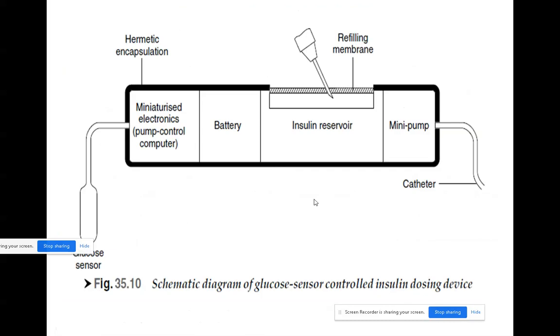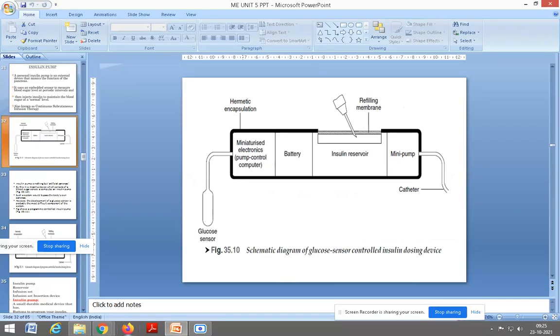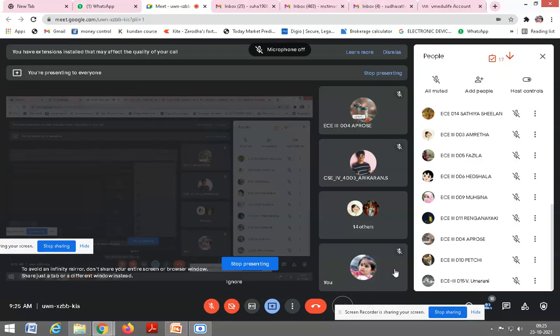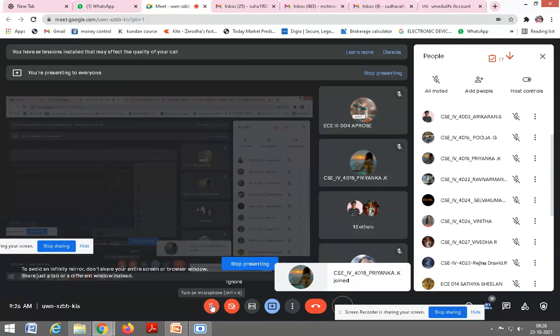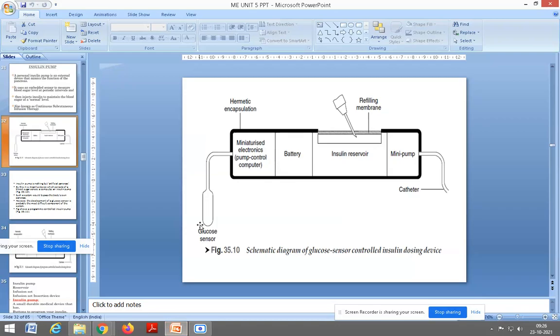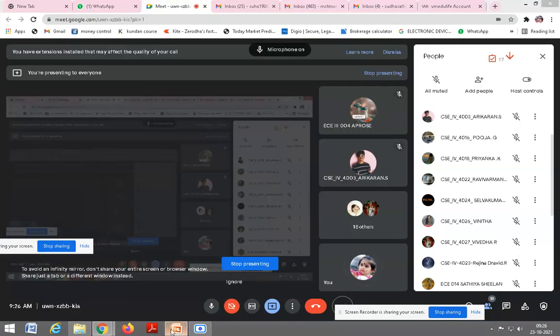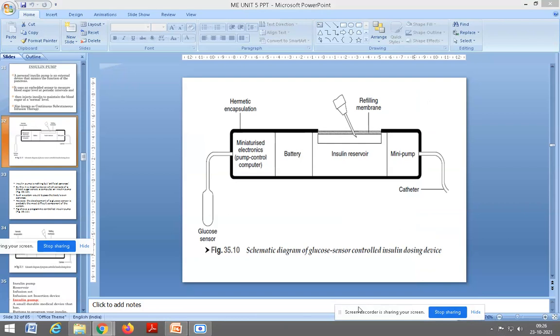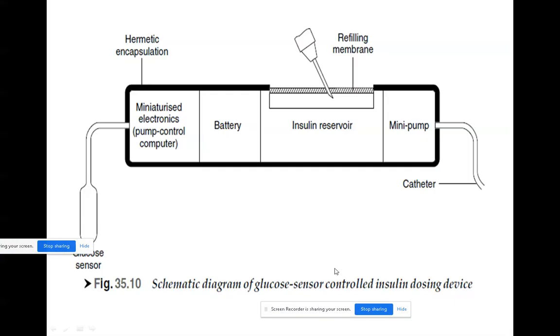This is the diagram of a glucose sensor controlled insulin dosing device.